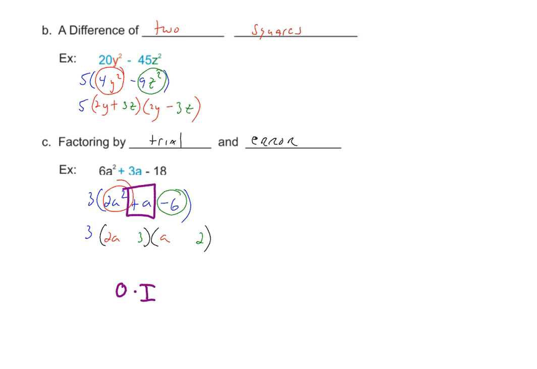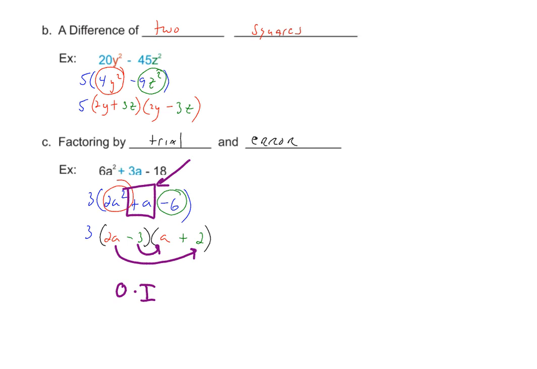A 4 and a 3 can get me a 1, and I need it to be a positive 1, so I need a positive 4 and a negative 3. I used two values, negative 3 times 2, that gives me that negative 6. So again, remember your outers, positive 4a, plus your inners, a negative 3a, has to equal that middle, positive 1a. And it does, and that's the factoring of that.